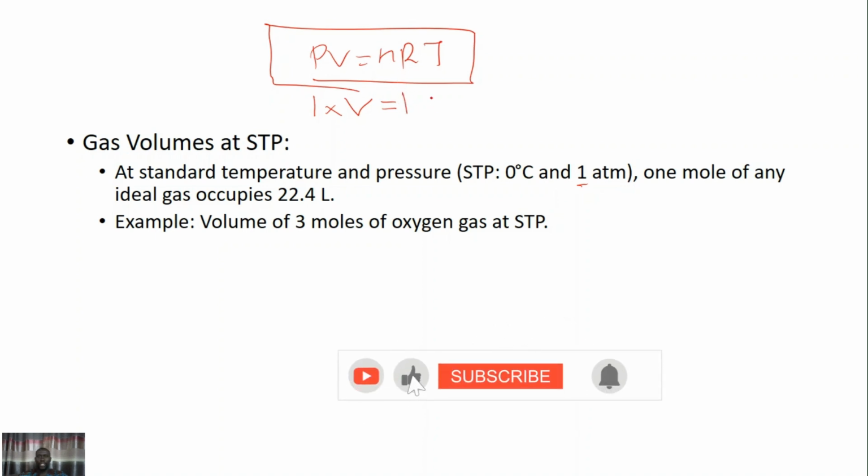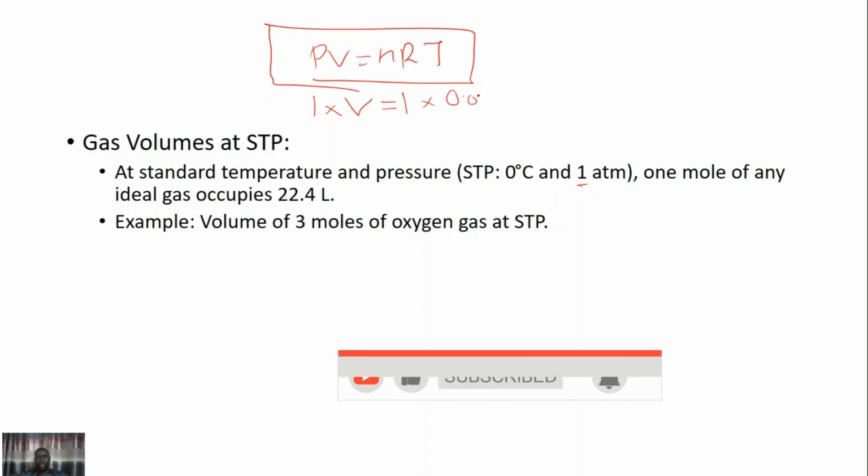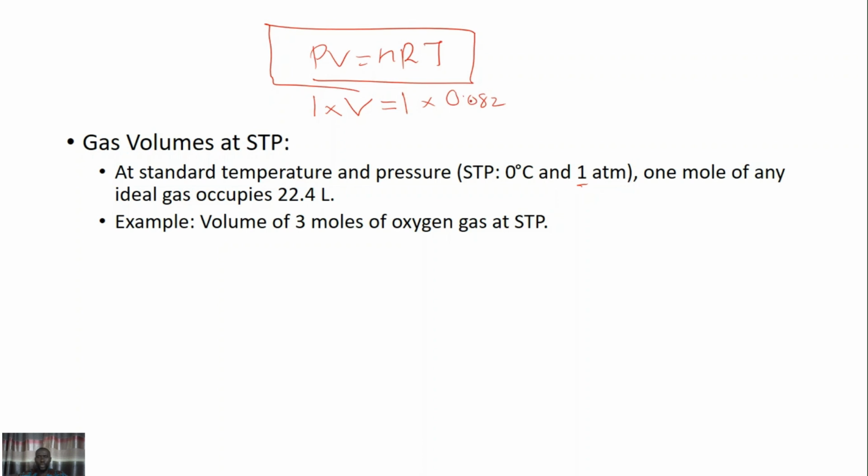This n is mole, times R, which is what is called the gas constant, 0.082, times temperature in Kelvin, 273. The standard temperature is 0 degrees Celsius, and you need to convert this to Kelvin by adding 273 to it. It will give you 273 Kelvin, and that is what is here.